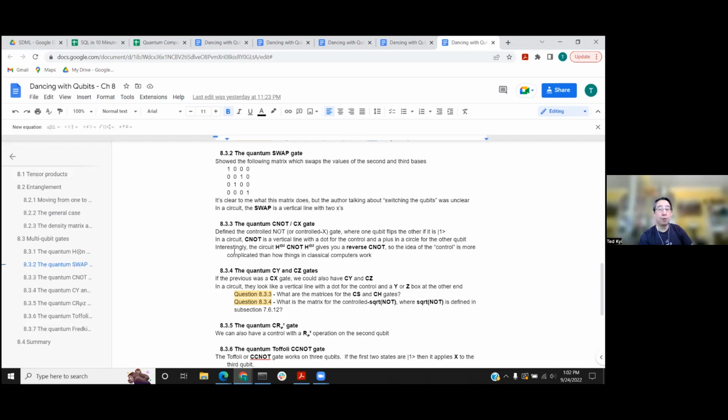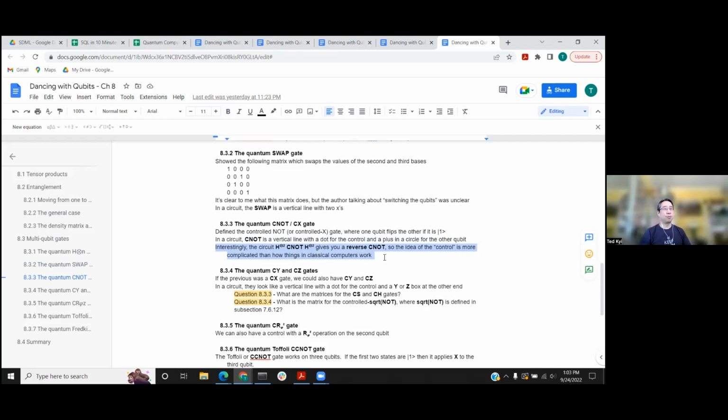And just a note: if you think about the classical concept of a control and an output gate, the CNOT does not work like that. There are weird examples where you can think of the control and the output as being interrelated, but not in the sense that the control is doing all the work and the other one is the one changing.